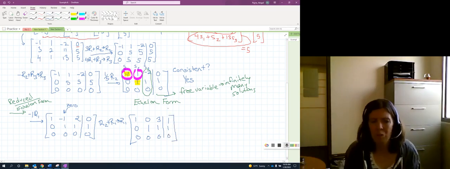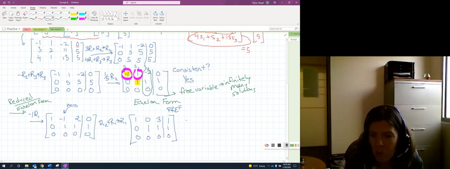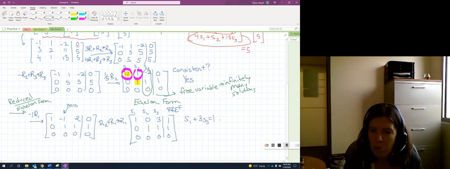Now that I have it in the reduced echelon form, I'm going to write the corresponding equations. Remember, our unknowns were S1, S2, S3. So the first row tells me S1 plus 3S3 equals 1.